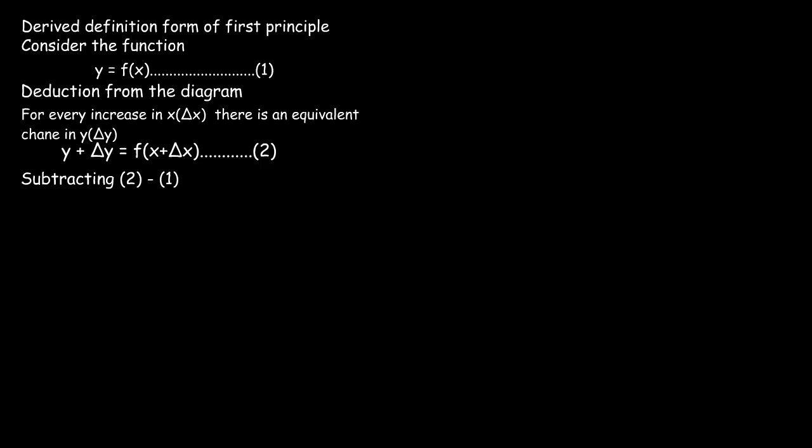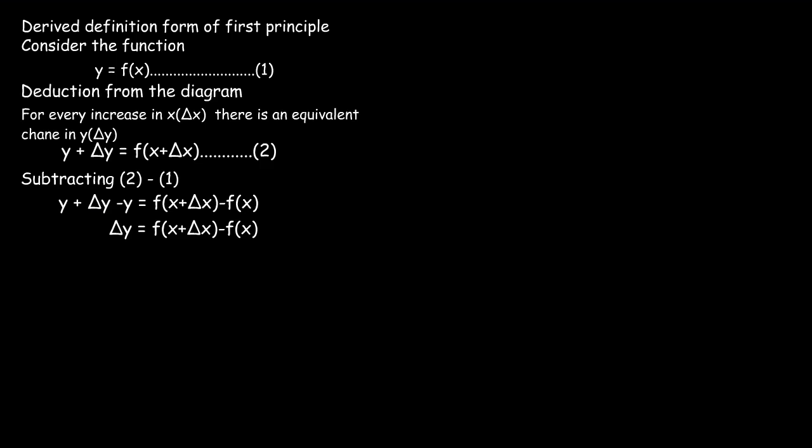So subtracting equation 1 from equation 2, y plus delta y minus y will be equal to f of s plus delta s minus f of s. This makes the left hand side delta y because y and minus y will cancel out, and the right hand side will be f of s plus delta s minus f of s.